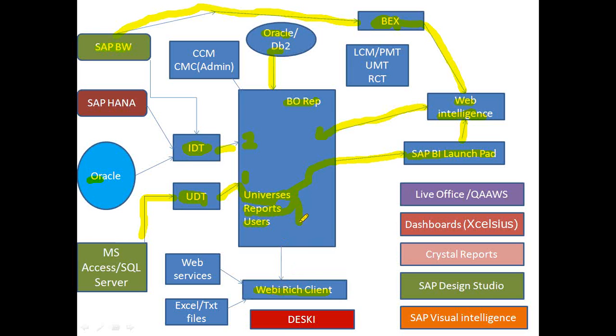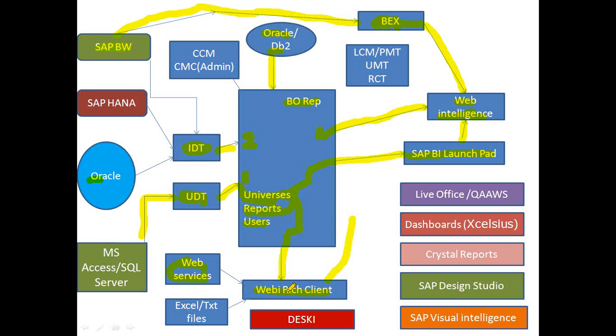And also, in Web Rich Client you can access universes to develop reports, and you can access BEx queries to develop a Web Rich Client report. Other than universes and BEx queries, you can implement Web Rich Client reports by accessing web services. Web services is another source.